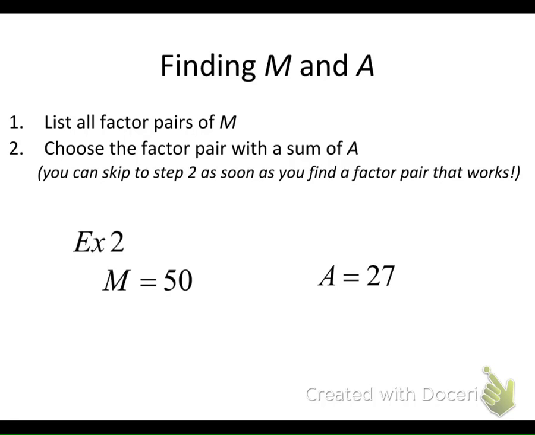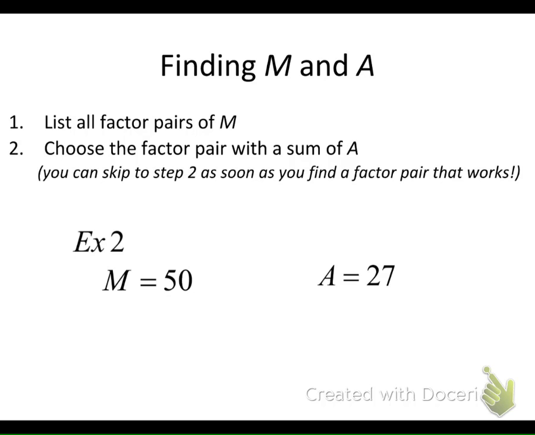Example number 2, we just did for example number 1, right? So we really don't need to do example number 2 again. Everything that's up on the board, the parentheses included, you're going to write down in your note sheet. So again, list all the factor pairs of the m.